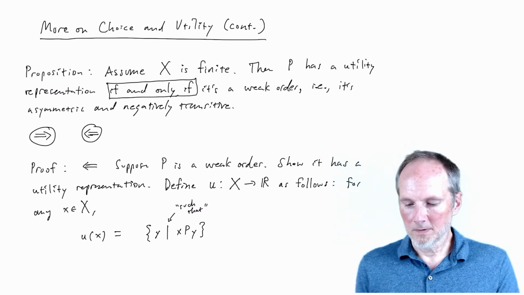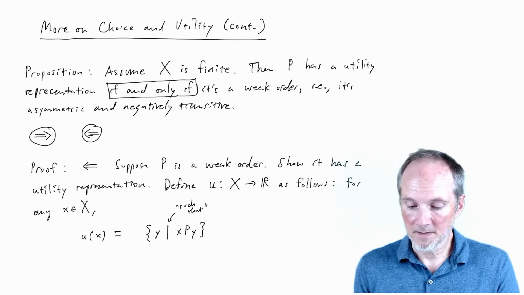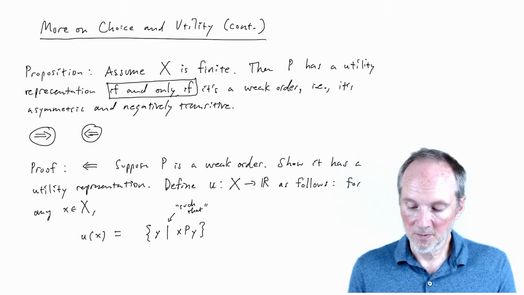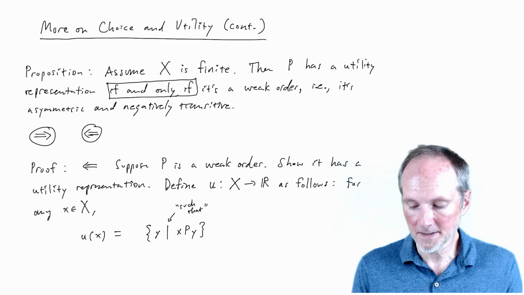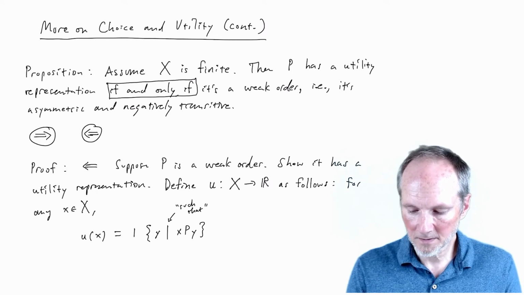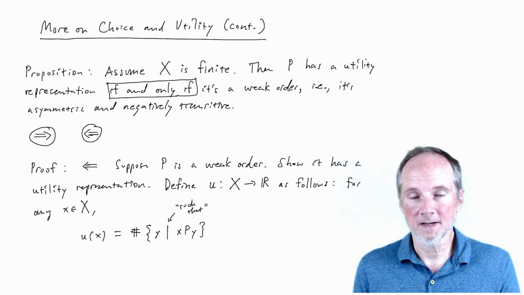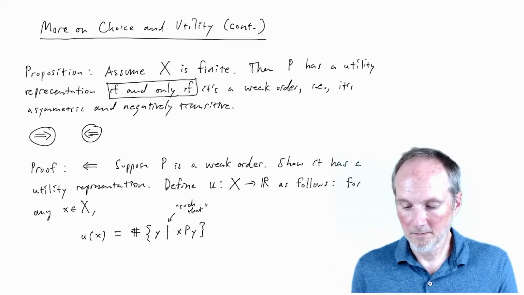Now, hold on a minute. That's a set of alternatives. The utility function has to assign a number to x. So what I'm going to do is use the fact that the set of alternatives is finite, which means that I can count the number of elements in that set. I can count the alternatives below x in the ranking. That is a number.